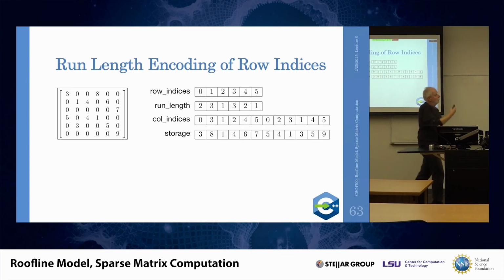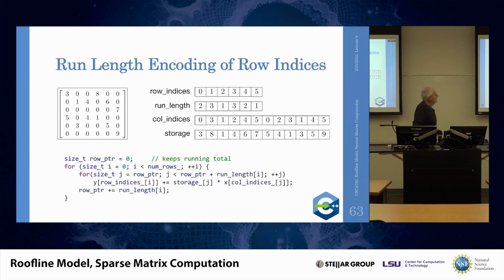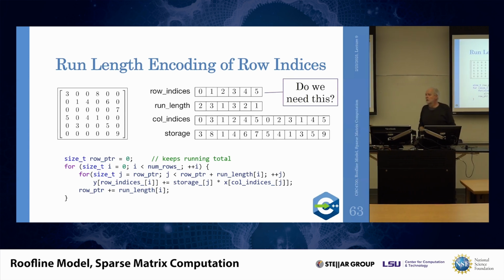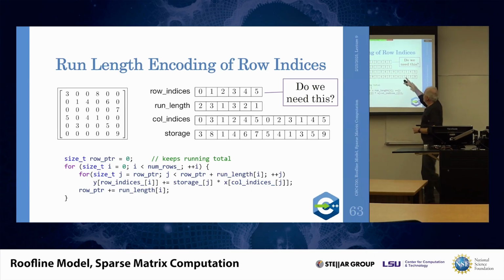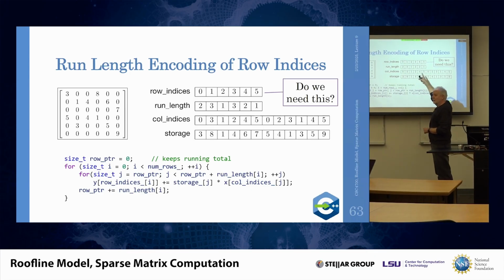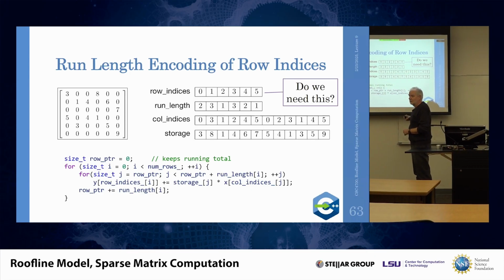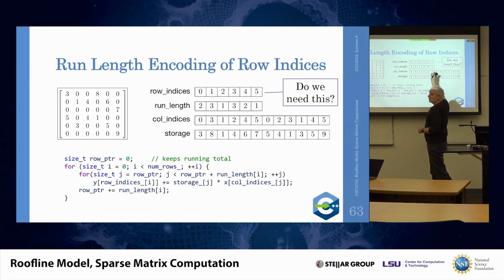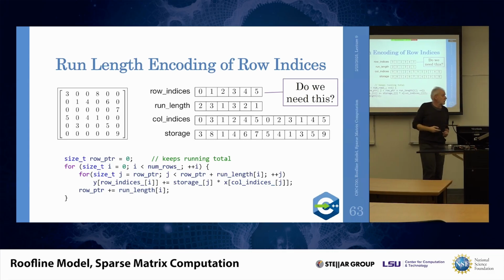But now what we see is that we don't need the row indices anymore. Why should we store the row indices if the values are the same as the indices themselves? The first element has 0, and so on. There's no point in storing it.